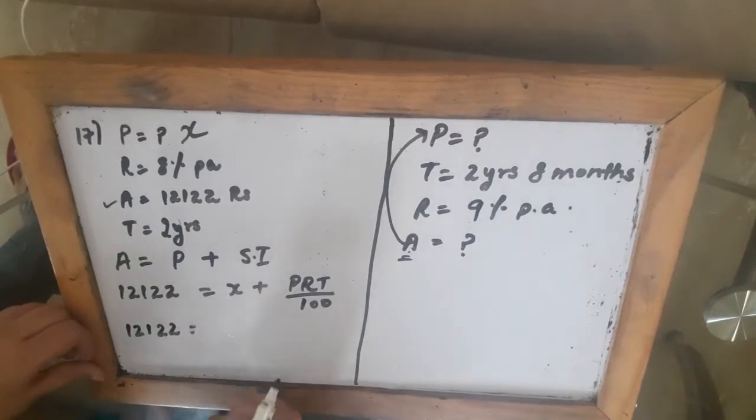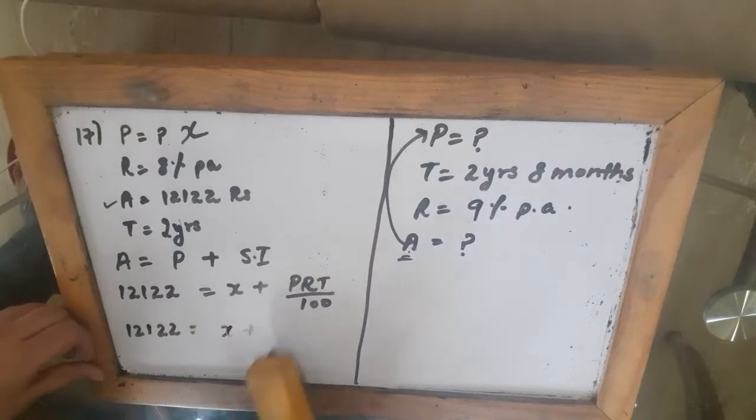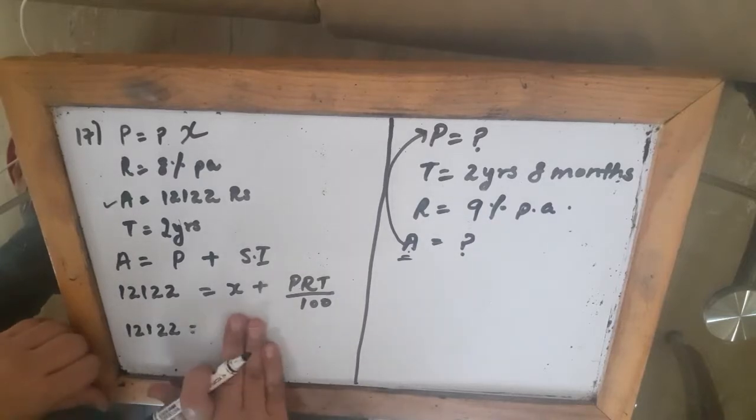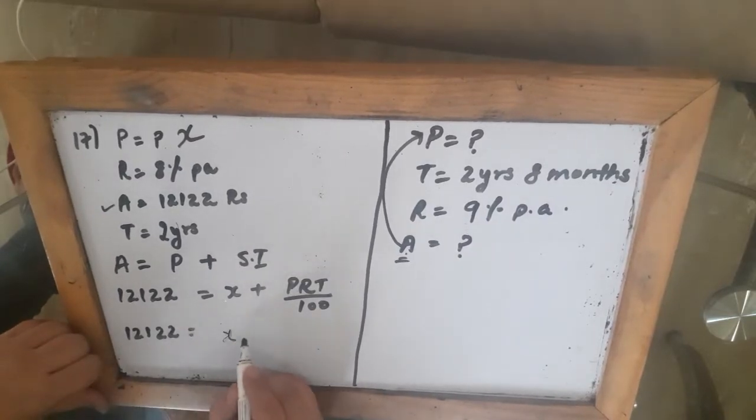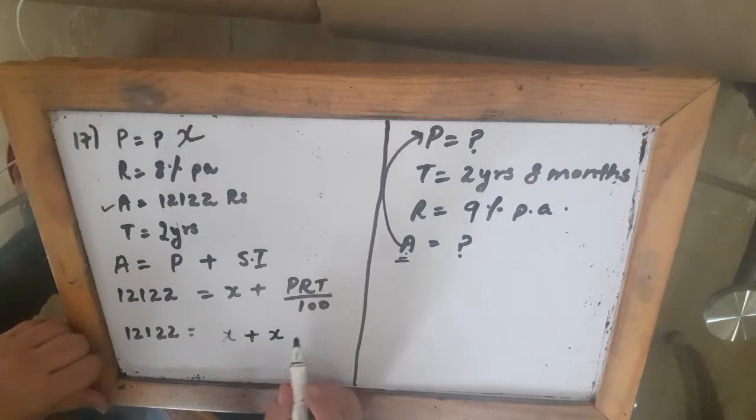So this is x plus P is x into R, which is 8, and time is 2, upon 100.